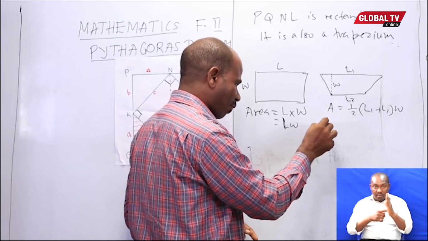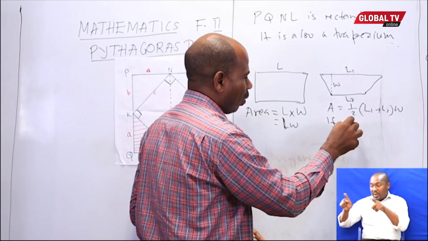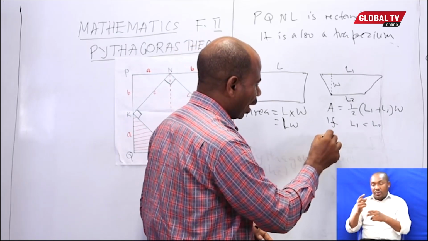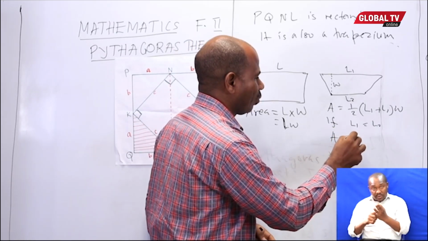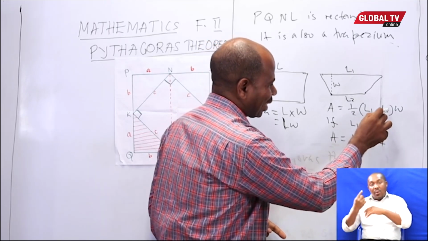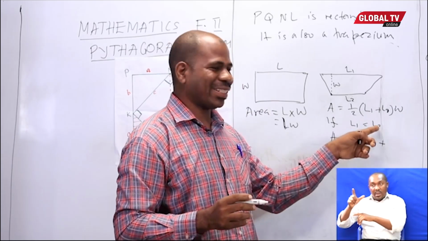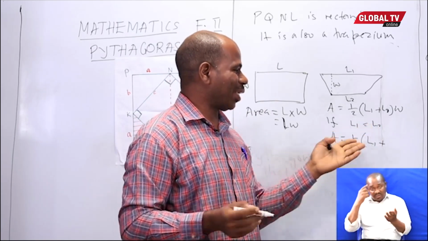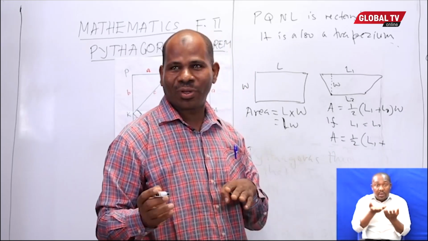But if L1 is equal to L2, the area becomes half, then L1 plus L2, but L1 is equal to L2, so it depends on your choice. You can accept L1 or L2.